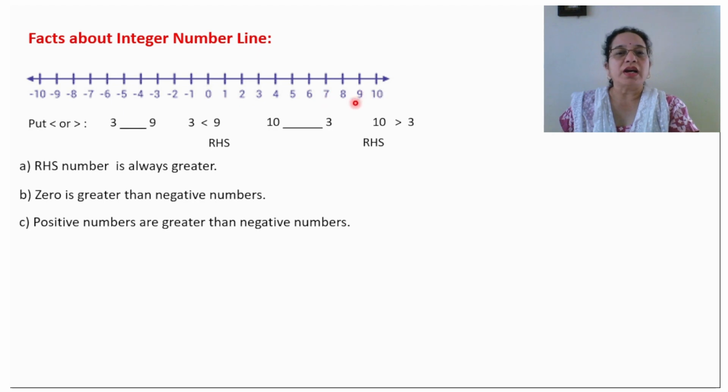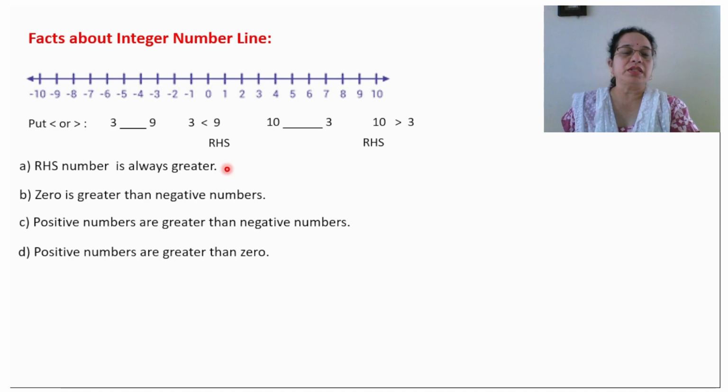Positive numbers are greater than 0, because positive numbers are on the right hand side of 0, as well as on the right hand side of all the negative numbers. So we can say that positive numbers are greater than negative numbers. So the basic concept is the right hand side number is always greater on a number line.